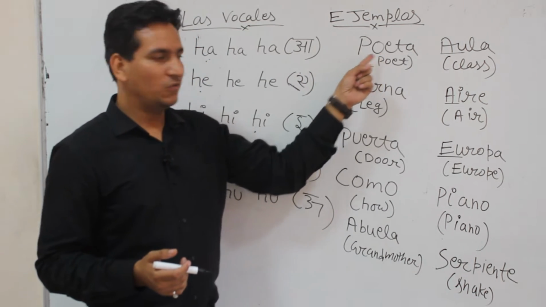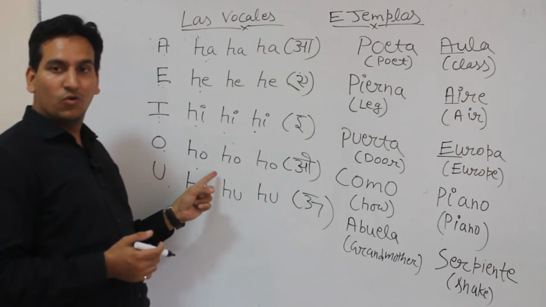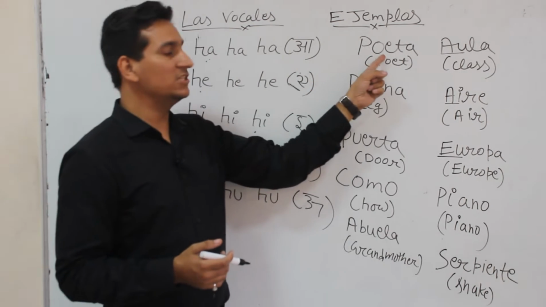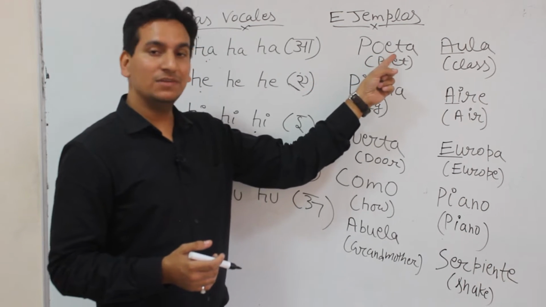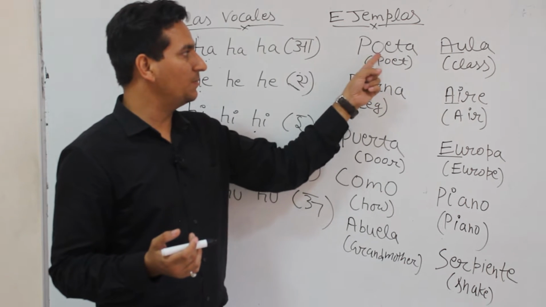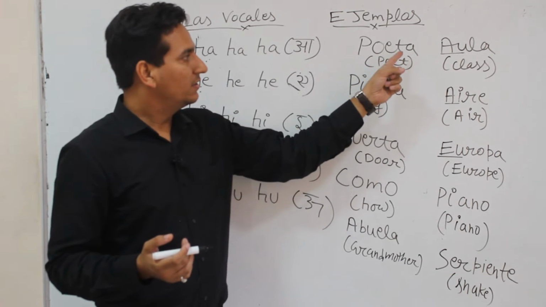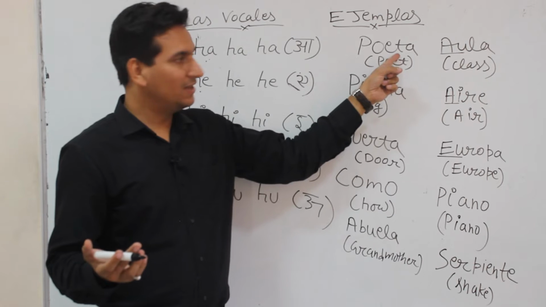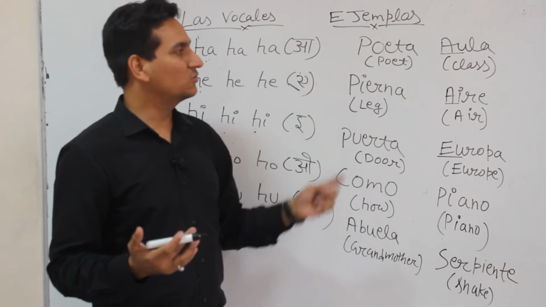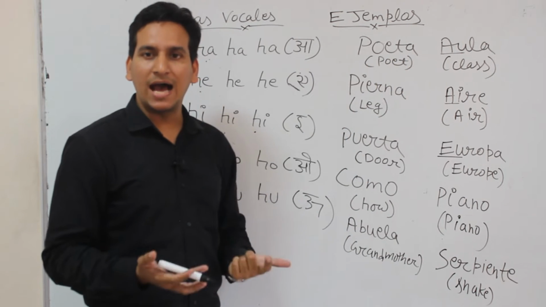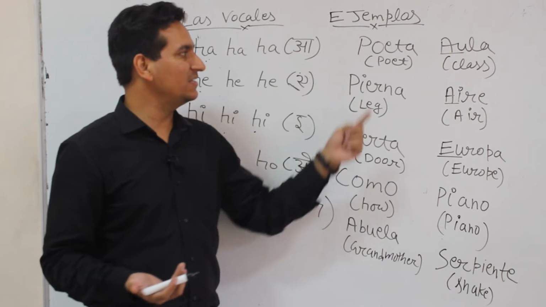O, we just learned, gives O sound. So PO is po, E gives A sound, and hence it is poe, T is T, and A is A. So it is poeta, which means poet in Spanish.